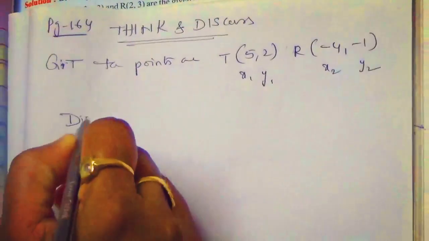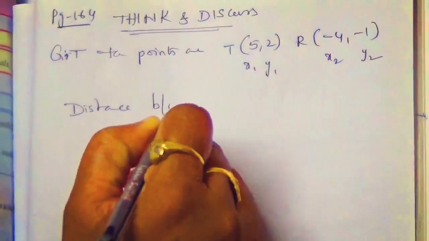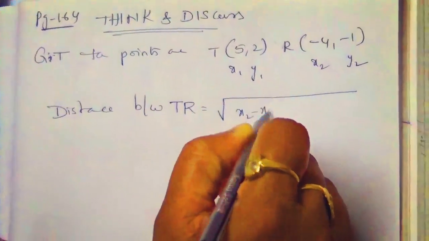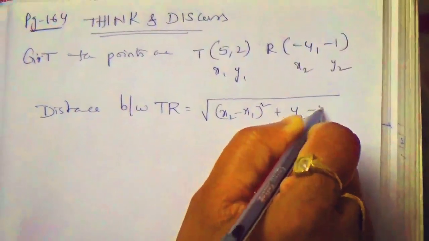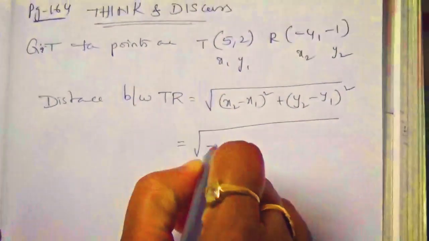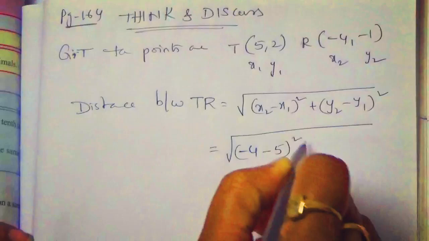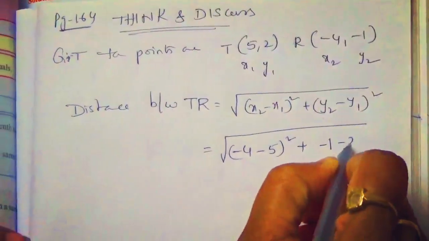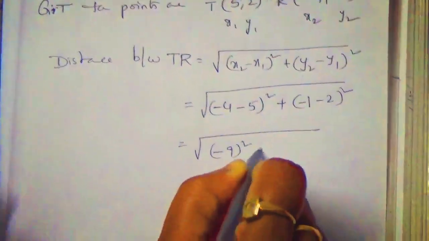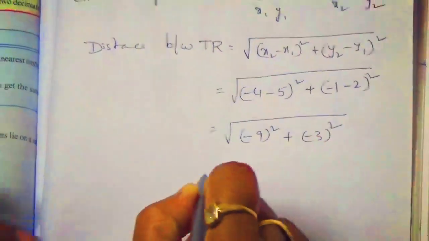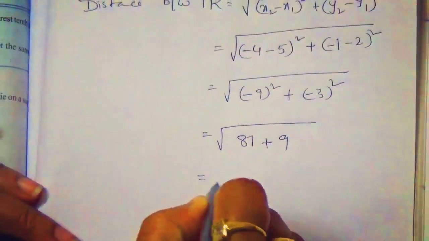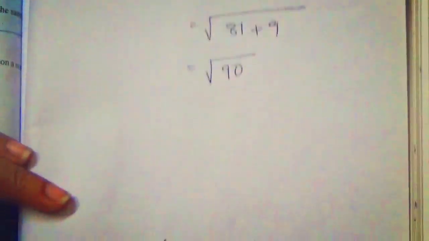The distance between TR is equal to the square root of (x2 minus x1) whole square plus (y2 minus y1) whole square. Substituting these values: (-4 minus 5) whole square plus (-1 minus 2) whole square, that is the square root of (-9) whole square plus (-3) whole square, that is the square root of 81 plus 9, that is the square root of 90.